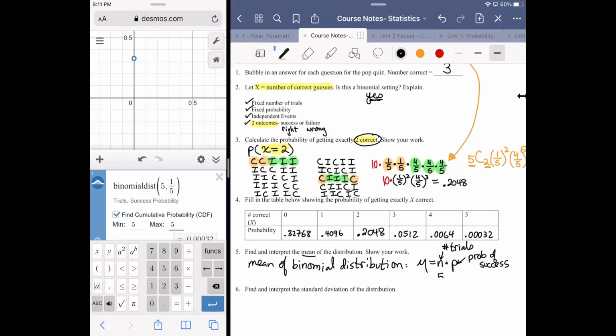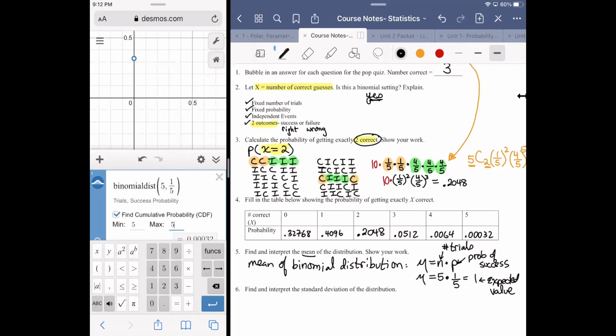So 5 questions, 1 in 5 chance of getting a question right. 5 times 1/5 is 1. Again, the mean of a probability distribution is also known as the expected value. And that's really the interpretation.